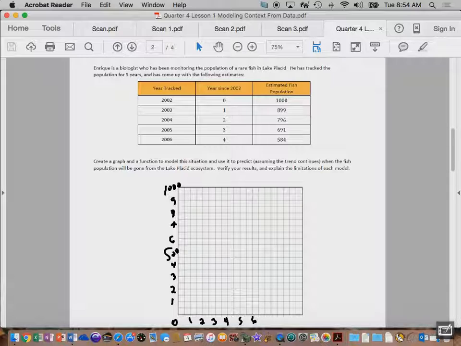Okay. So, population at year 2000, or at year 0, is 1,000. Then it's 899, which is just under, oh, I gotta go over here, sorry. Then it's 796, which is again just under. Then 691. 691 right there. 584.